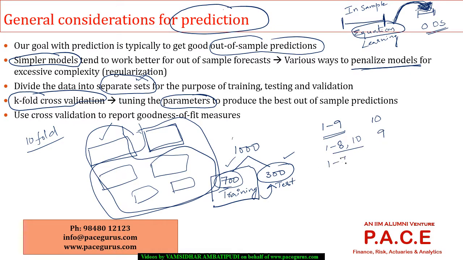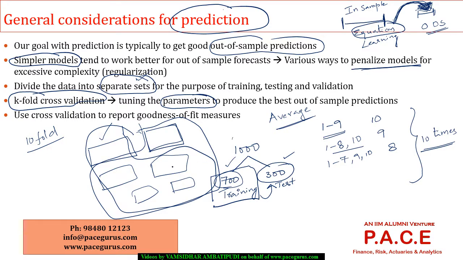Similarly, 1 to 7, 9 and 10th groups are used to build the model, 8th group is used for testing. So this kind of an exercise happens 10 times and the parameter that is estimated in each of the 10 scenarios is being averaged out, right? So this is 10 k-fold, which is 10-fold cross validation.